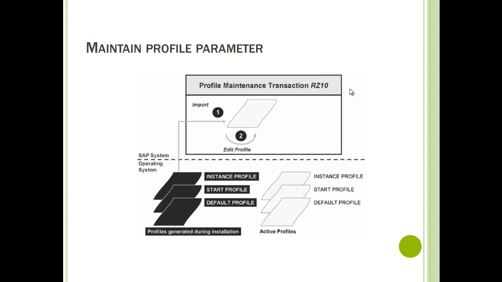For example, when we opened one of the instance profiles, you saw the different versions, right? We can also manage these versions within SAP. If something goes wrong, you can put the older version back. So it's quite easy to administrate.